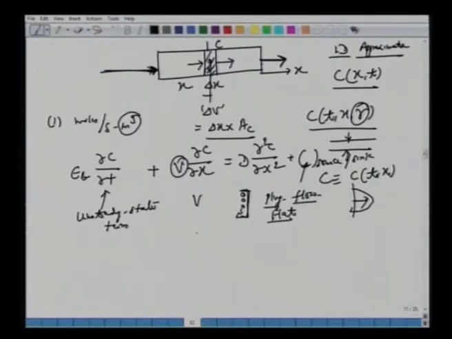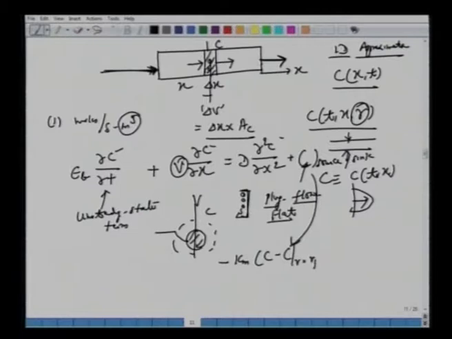So we talked about this solid surface, there is a mass transfer coefficient, there is a drop here. So what is this term here? This is minus km times the flux. So at this location, let's say the concentration is c here, minus c at r equal to rp.